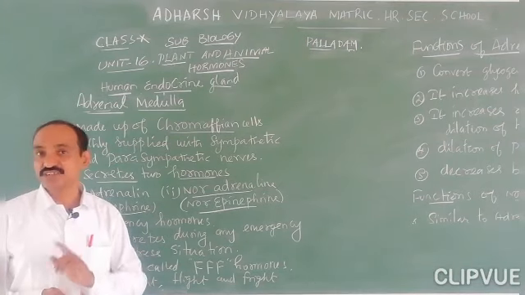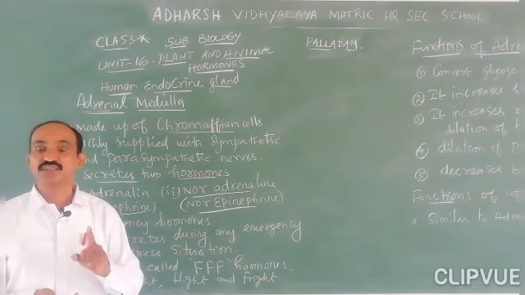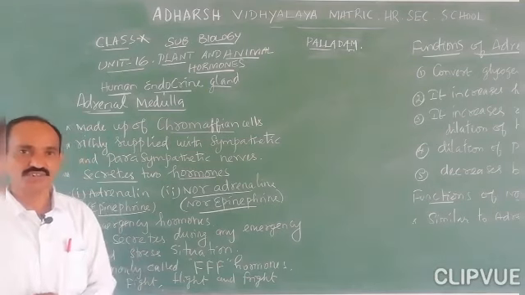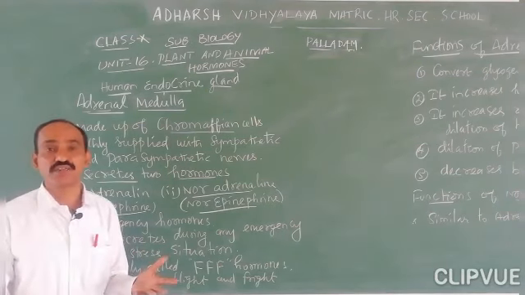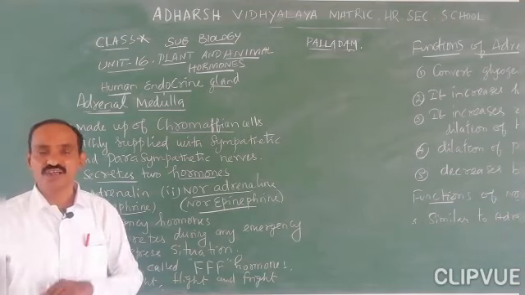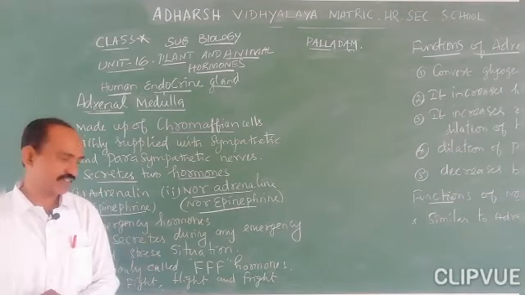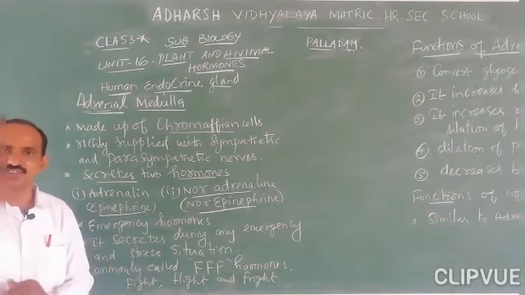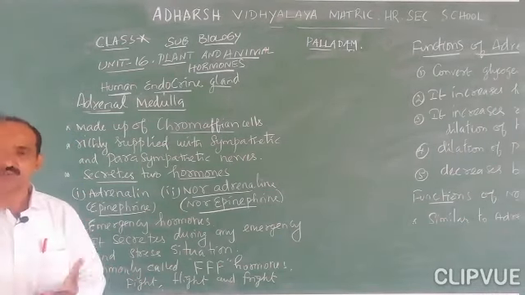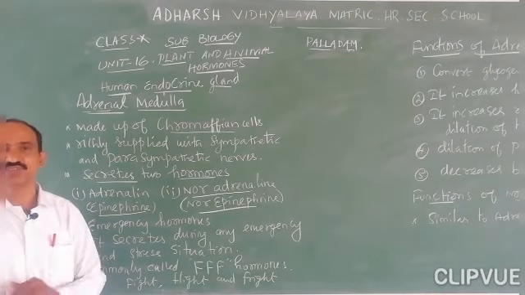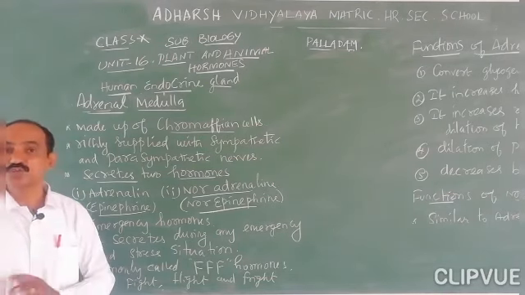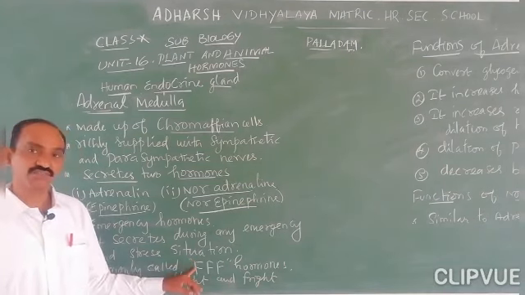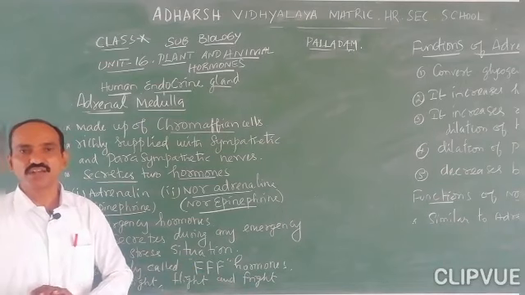These hormones are secreted during any emergency or stress situation. For example, suddenly we get fear or become nervous, and at that time also these hormones are secreted. Because of this, these hormones are commonly known as triple F hormones.